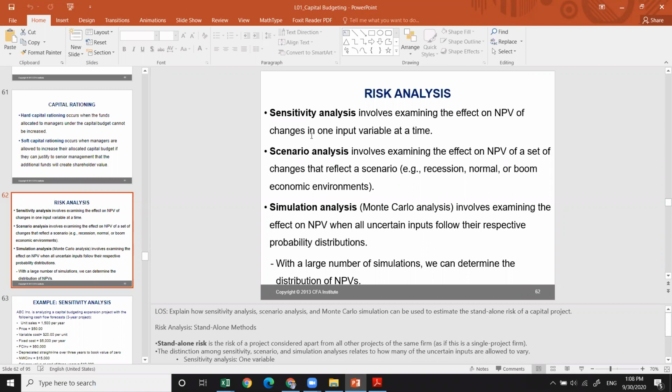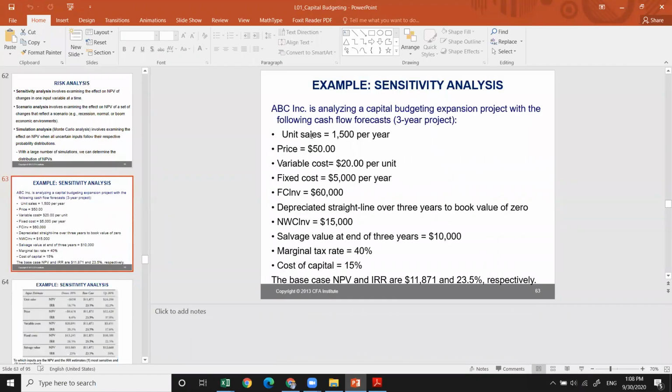So talking about the sensitivity analysis, as given in the example here, ABC is analyzing capital budgeting with an expansion project with the following cash flow forecast for 3 years: unit sales, price, variable cost, fixed cost per unit, and investment in fixed capital, depreciated straight line over the 3 years to a book value of zero, and investment in net working capital is 15,000.